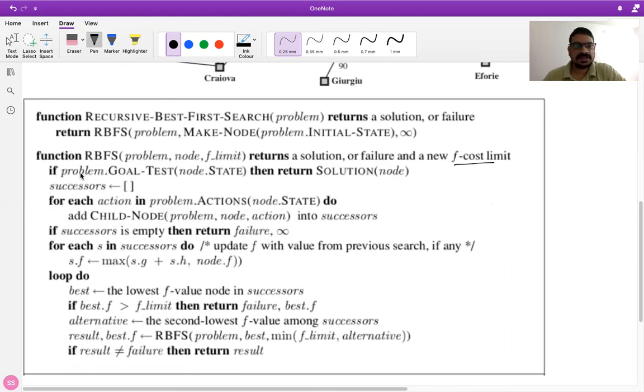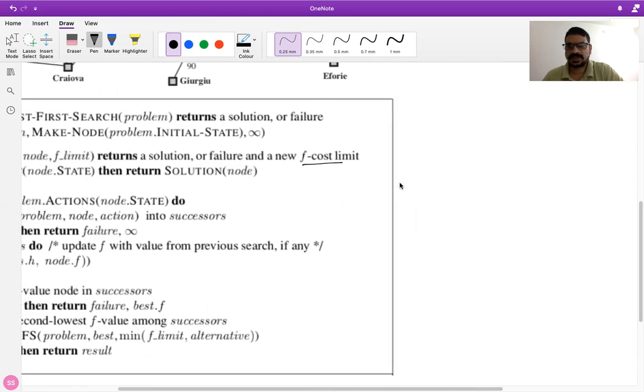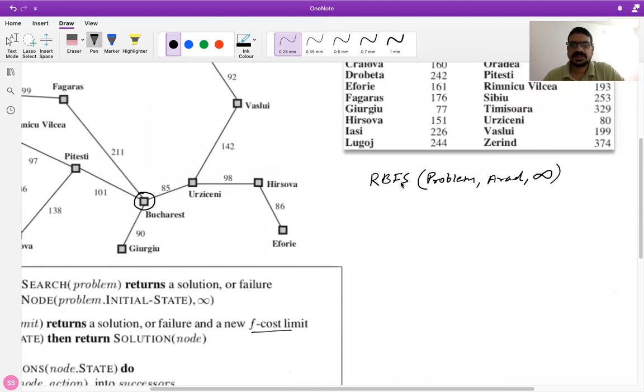Now, the first line is: if problem dot goal test, we do the goal test with the problem on the node. If it is the goal, we return that particular node as the solution. So what is my goal node? We know that the initial node is Arad and the goal node is Bucharest, right?